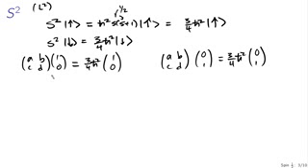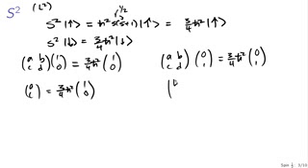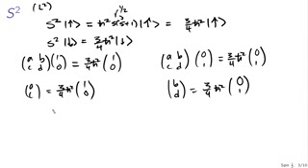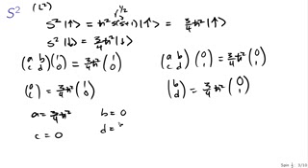Now each of these we can expand out. We can do the matrix-vector product here, and when we do, we get (A, C) is equal to 3/4 h bar squared times (1, 0). Likewise here, we get (B, D) is 3/4 h bar squared times (0, 1). This tells us that A is equal to 3/4 h bar squared, and that C is equal to 0. And this tells us correspondingly that B is equal to 0, and D is equal to 3/4 h bar squared.